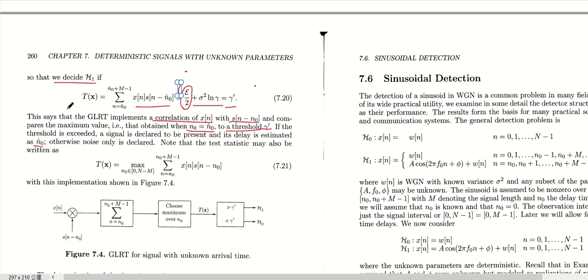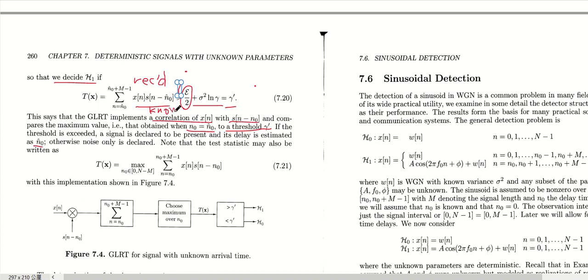In other words, what you are doing is you multiply x, that's your received signal, with s, the signal that's known.